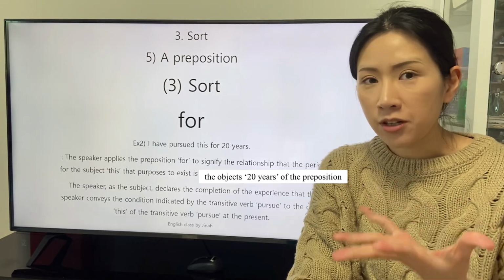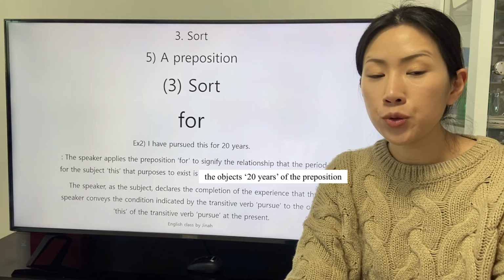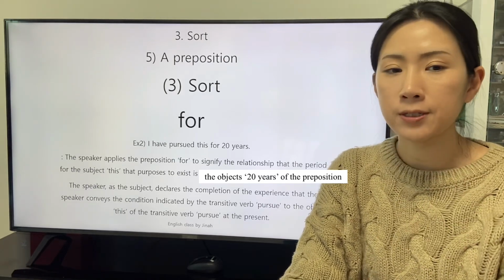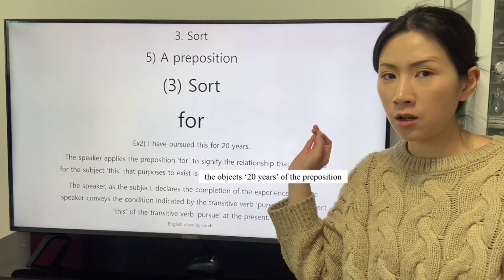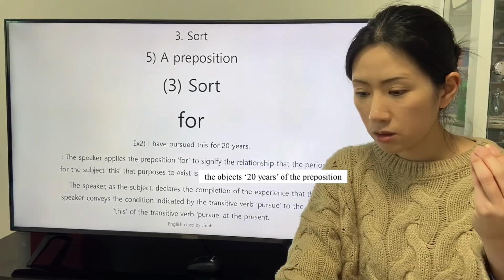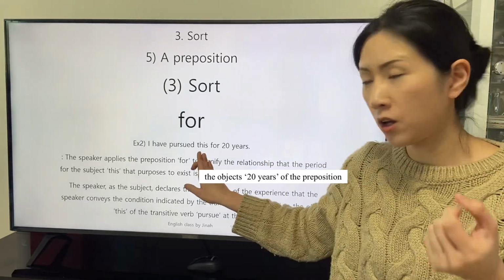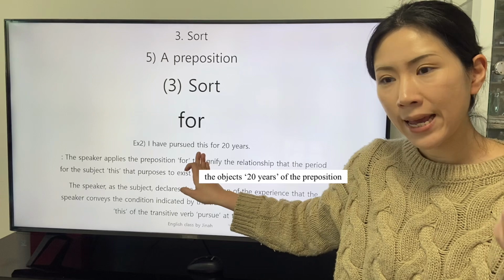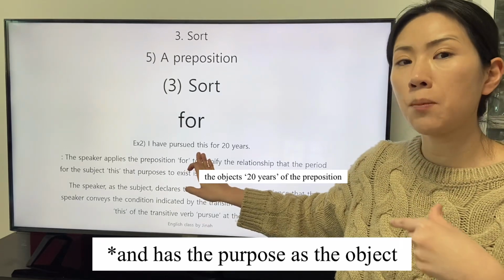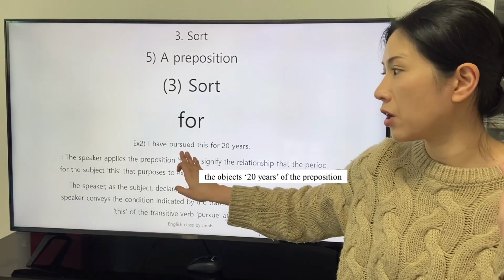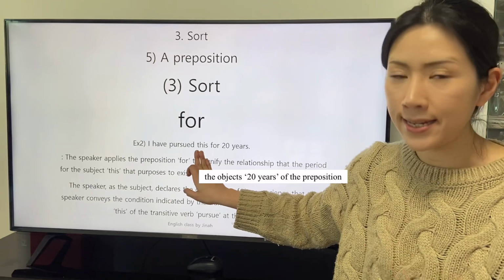There is another clause. I have pursued this for 20 years. With the fact that the preposition for is applied, the subject of the preposition this exists while the subject exists.